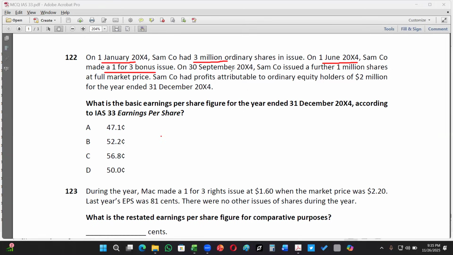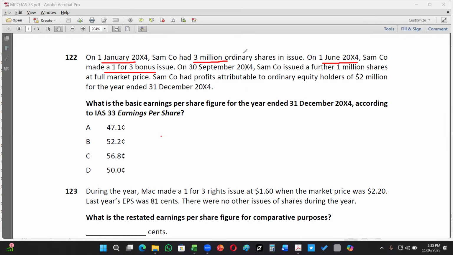And then on 30th of September 2024, Samco issued a further 1 million shares at full market price. So the bonus issue situation existed for June, July, August, and September, since they issue the new shares on 30th of September.